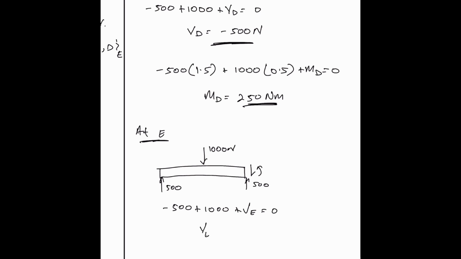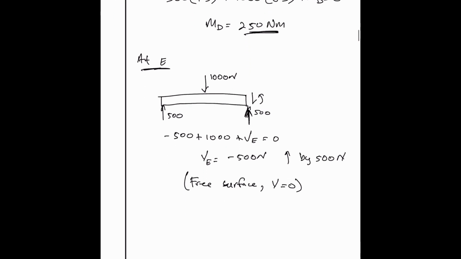So VE is minus 500. Then remember we have that upward force being applied here, so you go up on the graph by 500. So if you minus 500, you go back to 500, then you end up at 0. And we know at a free surface the shear force is equal to 0.